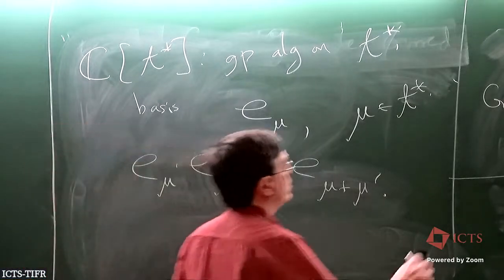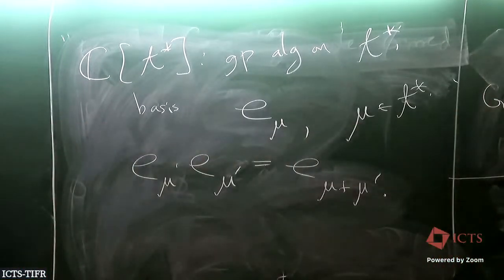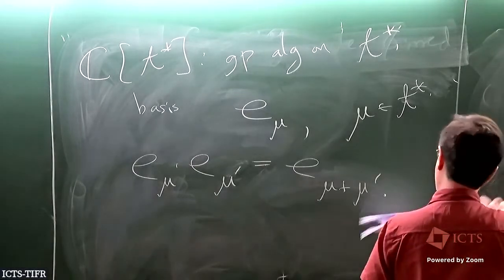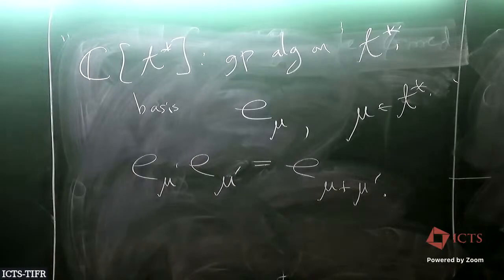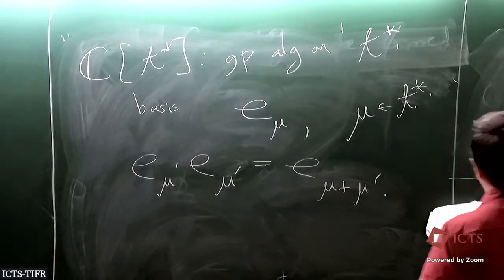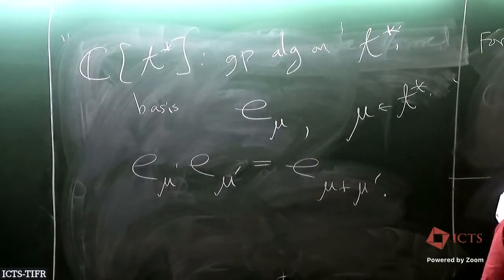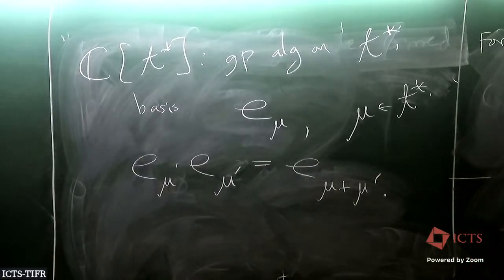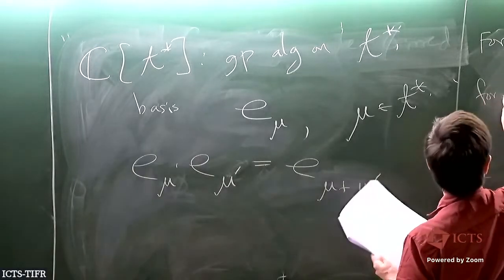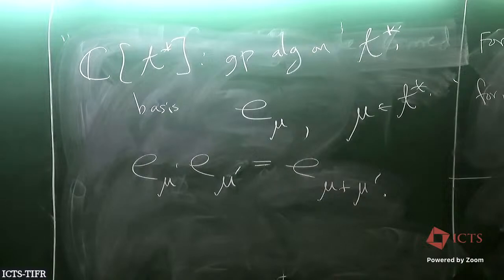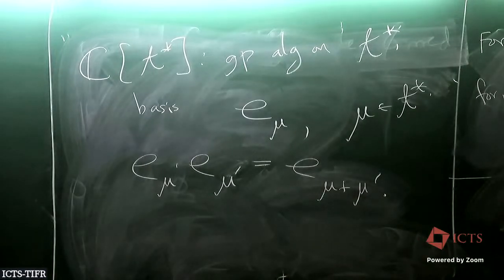If I have a representation, I can form ch of lambda, which is again a sum over multiplicities.